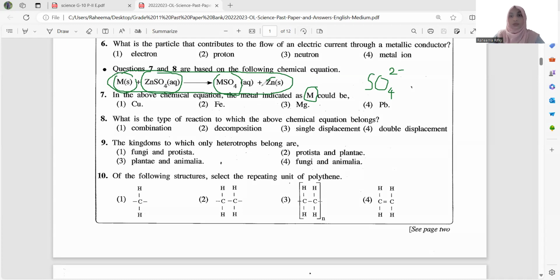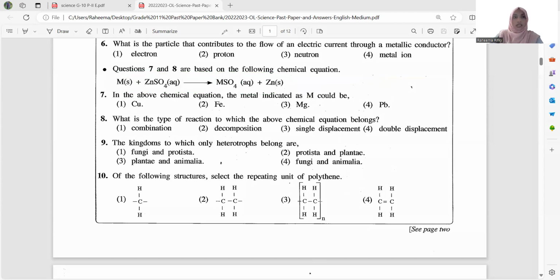Sulfate is negative, so that should be a positive one. According to the answers, all are metals. We have to find out which metal is more reactive than zinc. That's why the zinc has been displaced and this metal M has come to that position. For that, you need to know the activity series.